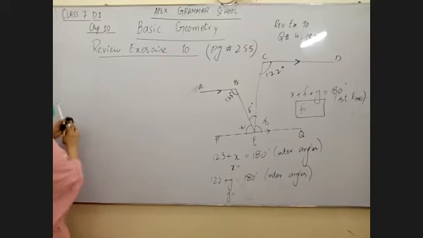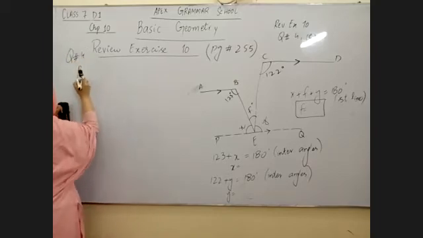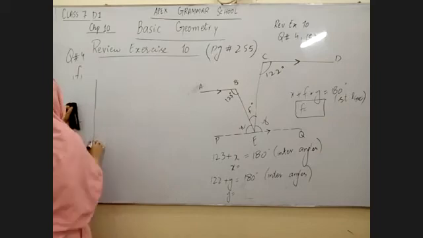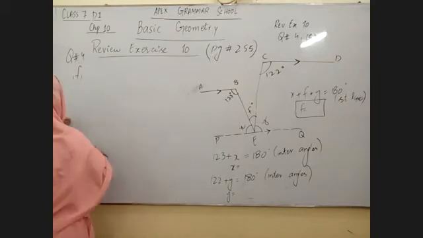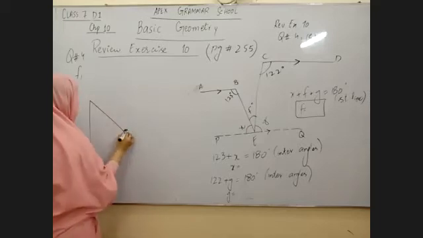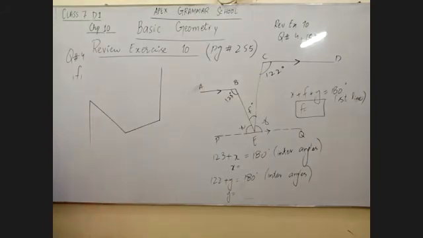Okay, now I'm going to draw the F part over here. This is again your question number 4, F part. I am trying to complete my review exercise today, which means that you need to do a lot of homework today.